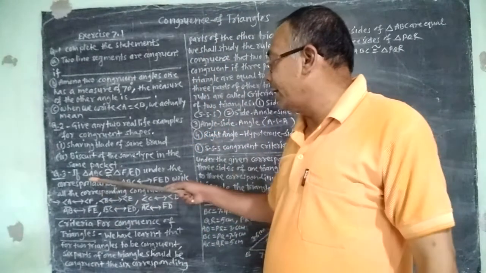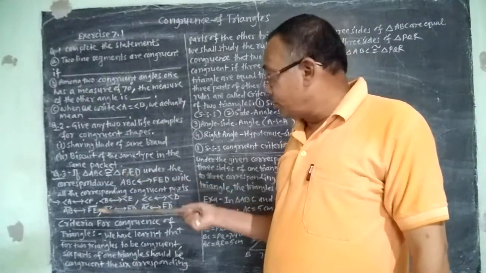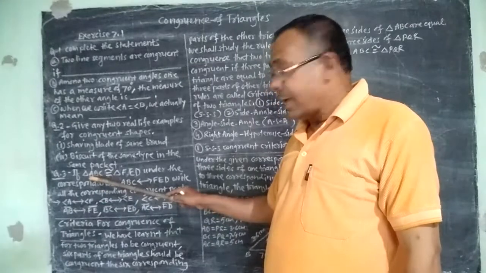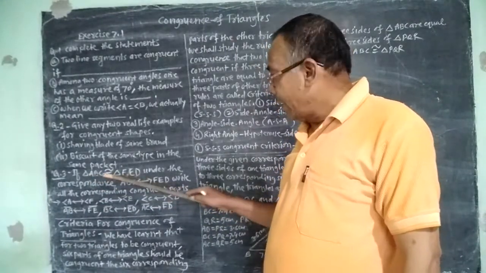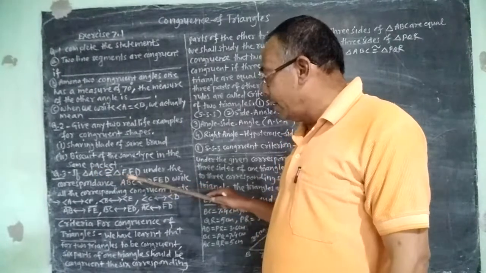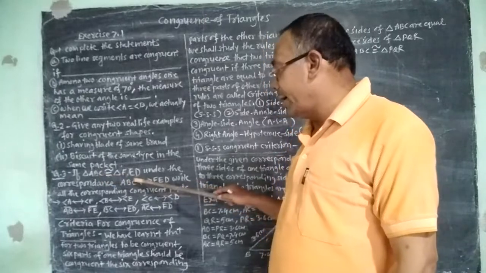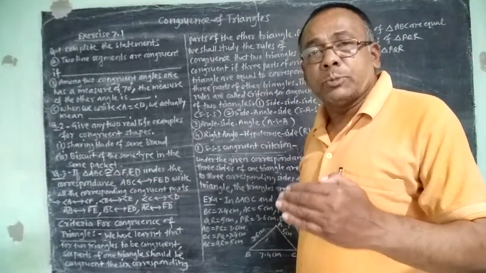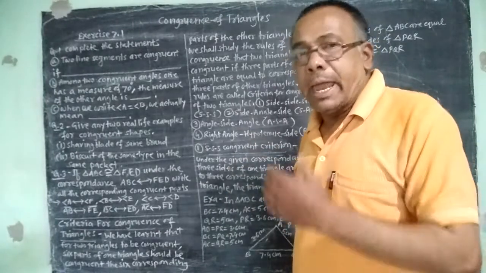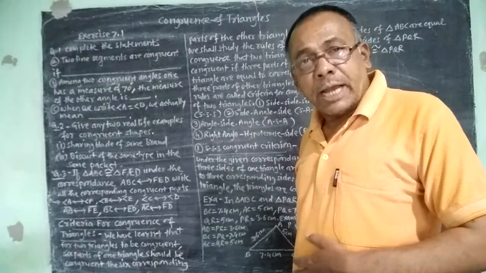So here it is given that ABC and FED, both the triangles are congruent. So here angle A equal to angle F, angle B equal to angle E, angle C equal to angle D. So these were the correspondence of the angles, and now we will see the correspondence of the sides.